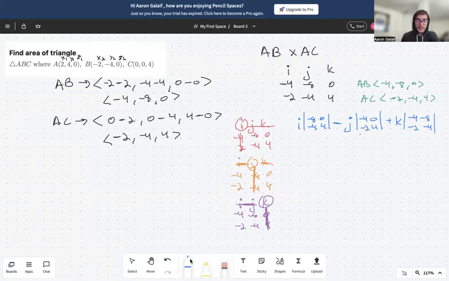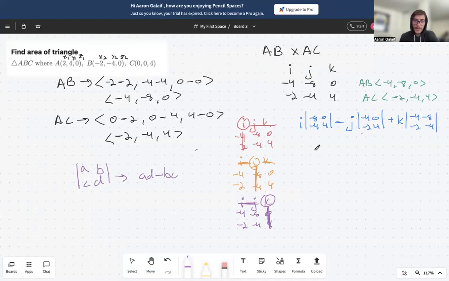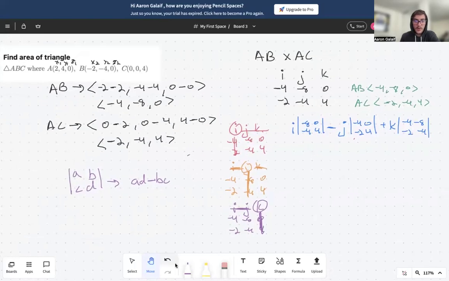The determinant of a 2x2 is pretty straightforward. We have A, B, C, D, and all we have to do is A times D minus B times C to find the determinant. So that's all we're going to do, and we're just going to start applying that now.